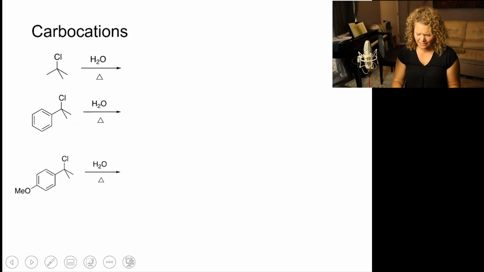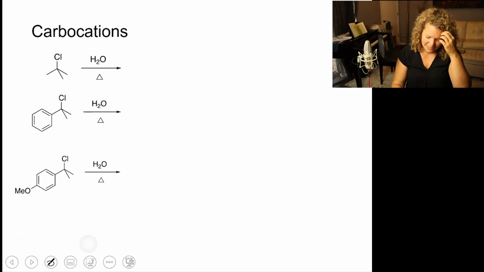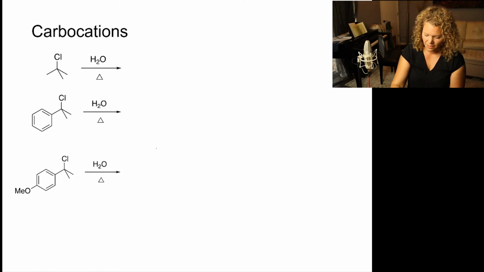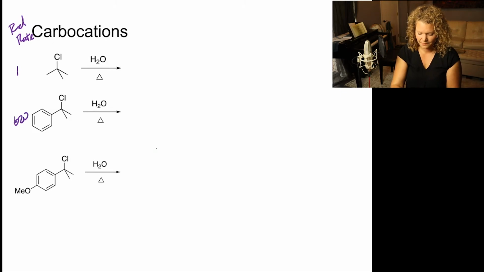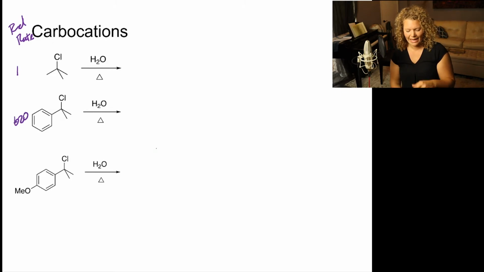Let's take, for example, what happens if we compare these three reactions. Again, we've compared this one, relative rate, this one's 1, 620. What happens if we add a methoxy group to our benzene ring?